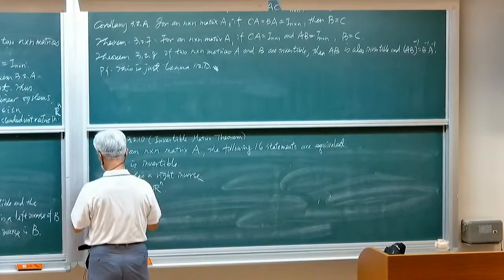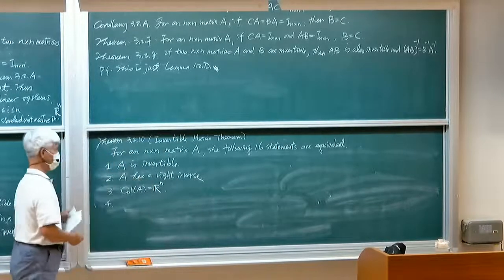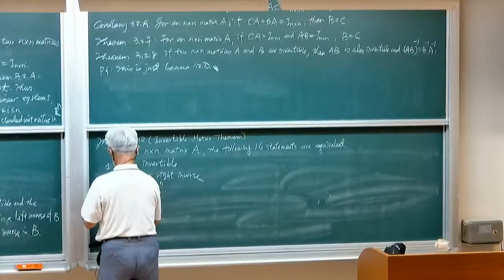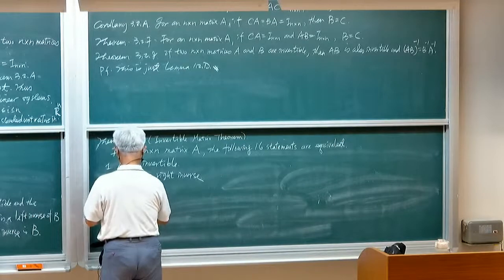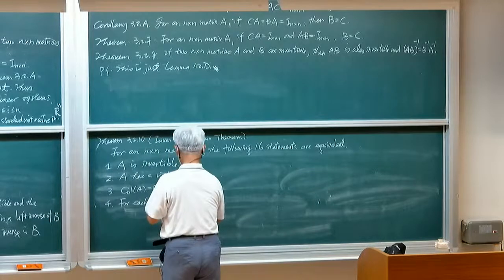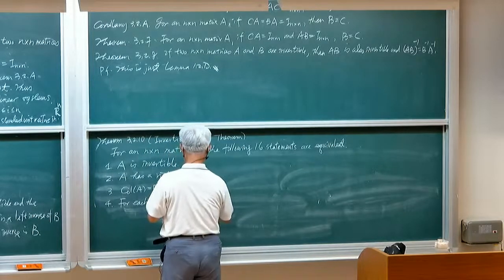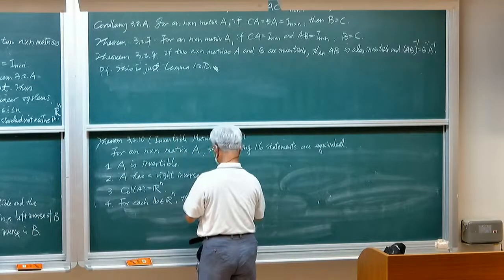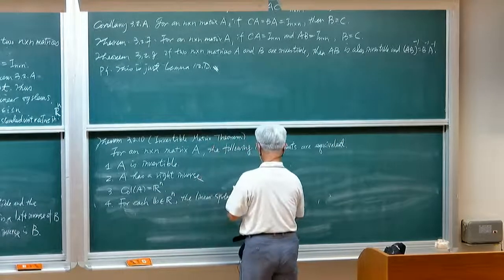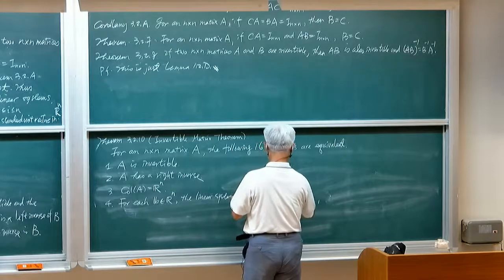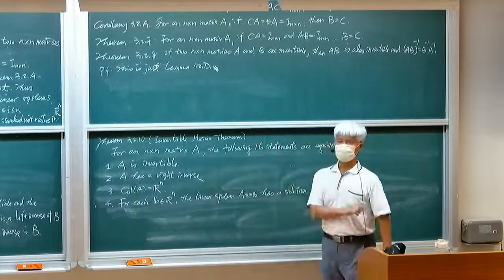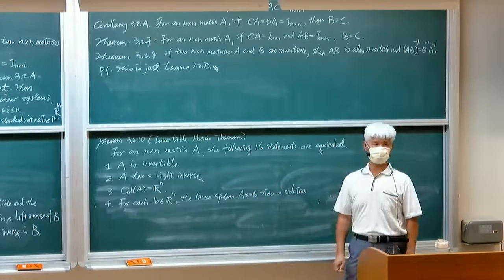And if the column space of A is equal to the n-dimensional vector space, then for each b in Rn, the linear system Ax equals b has a solution. So these four are equivalent to each other.